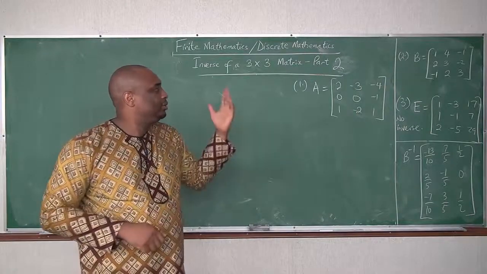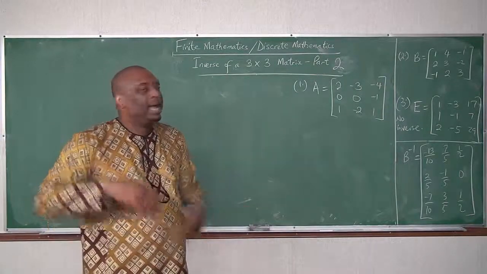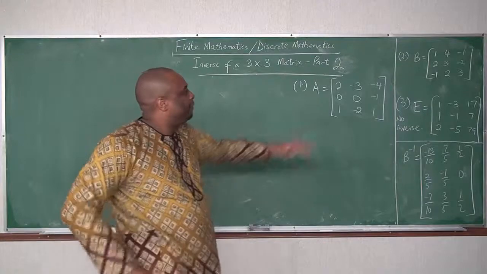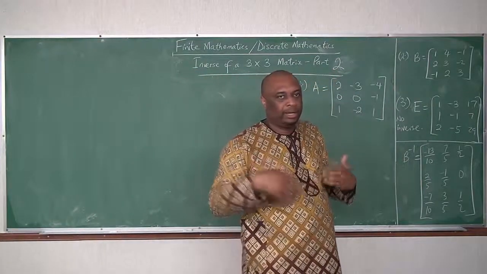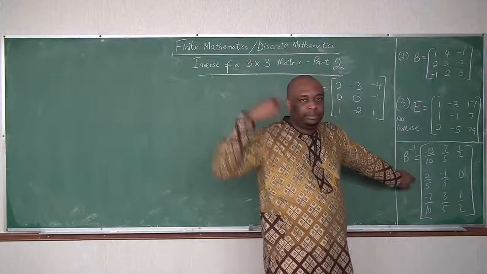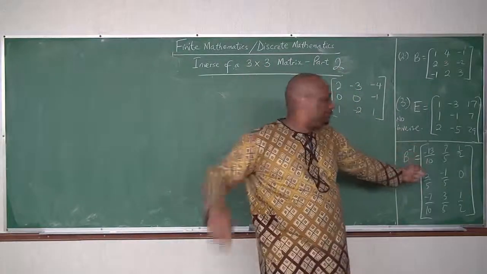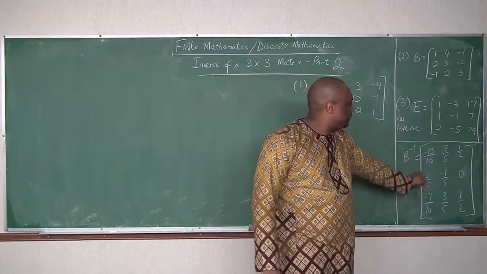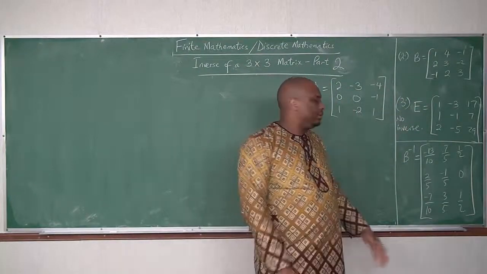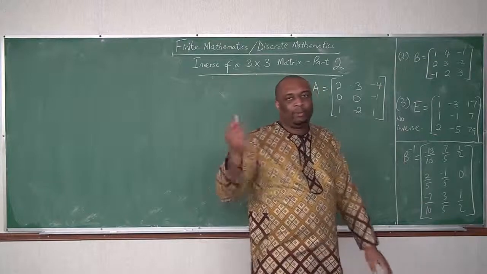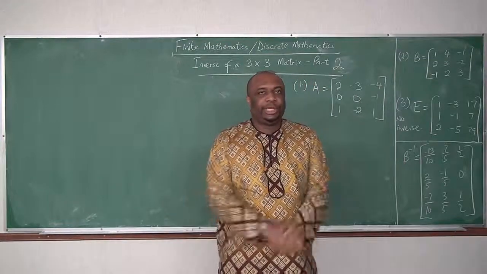But for B, we will not need to check because we checked it in part 1. We got the inverse of this matrix and we checked it. So if we use the row reduction method and get this right away, then we will not need to check.